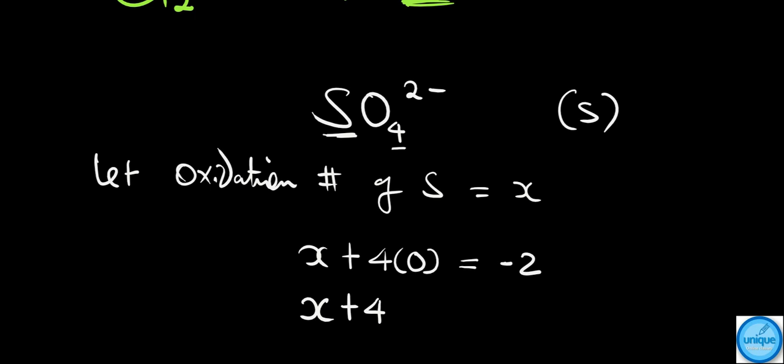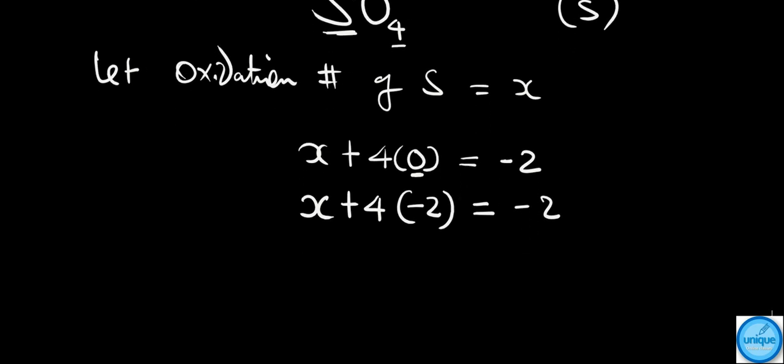Next, the oxidation number of oxygen is -2, then 2 minus it is equal to -2. So here it will be x, the product of plus 4 and -2, the answer is -8.